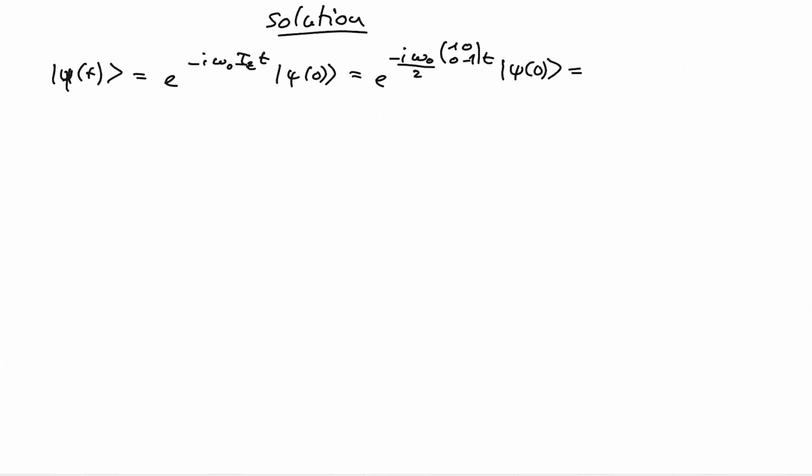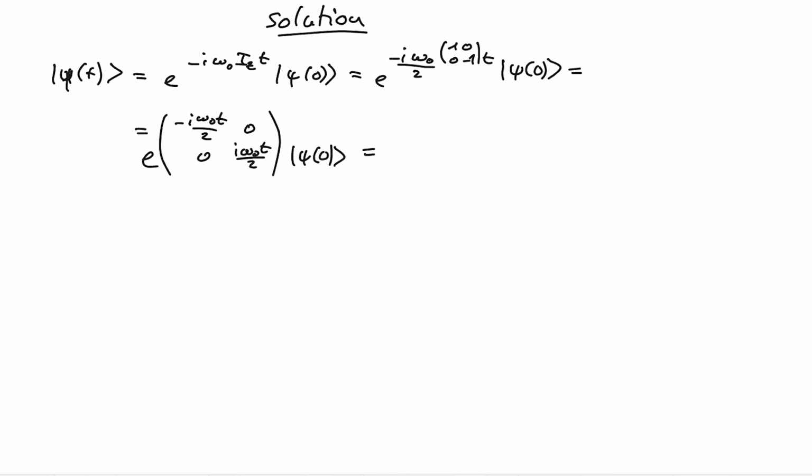And that is e to the matrix (minus i omega 0 t/2, 0; 0, i omega 0 t/2) times psi of 0.